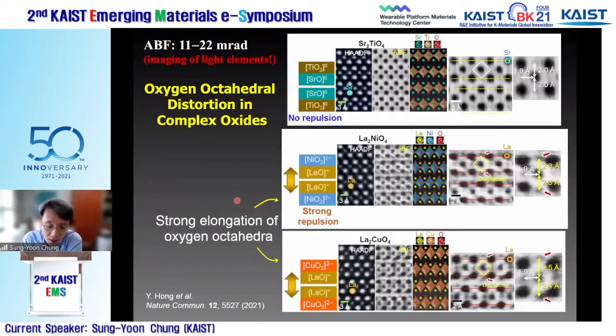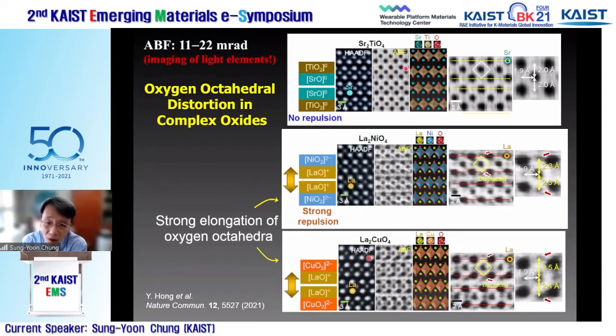Okay, this is another good example, observed by Youngjae Hong and Phil Gubian in our group. We have observed so many different layered oxide materials, in this strontium titanate, lanthanum nickel, and lanthanum cobalt.